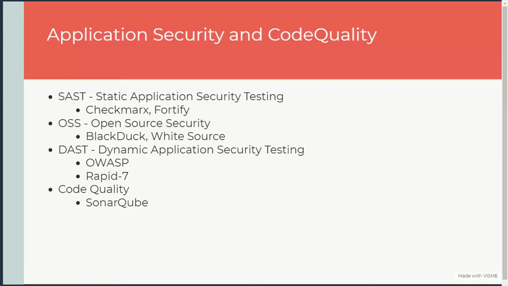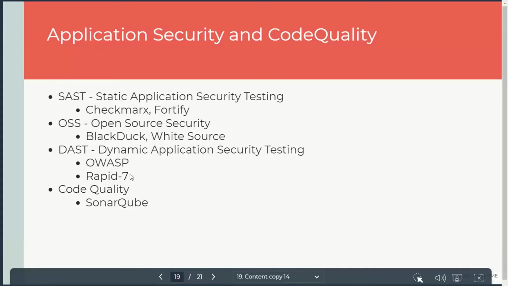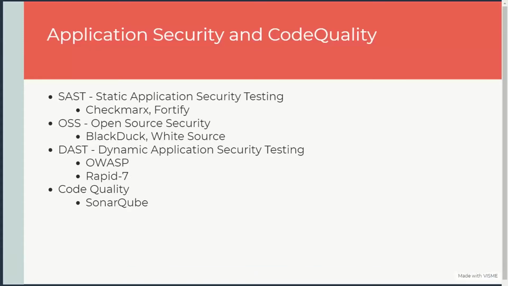So what we can do is provide the URL with all the authentication credentials, and basically the tool will crawl all the open links and pages in the application, and it will do all the possible security attacks.